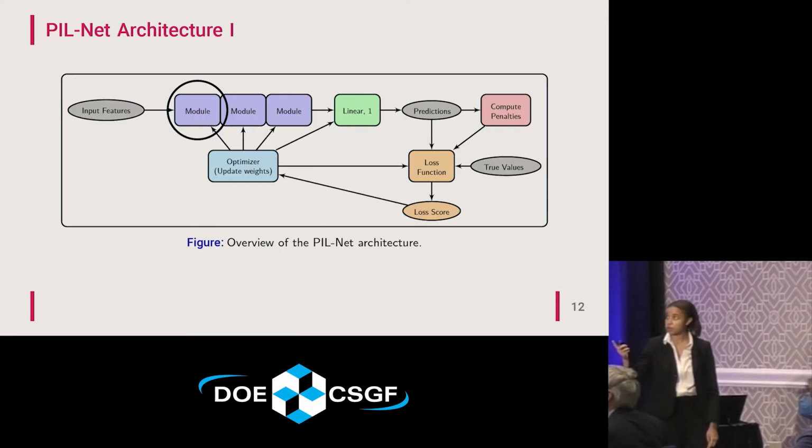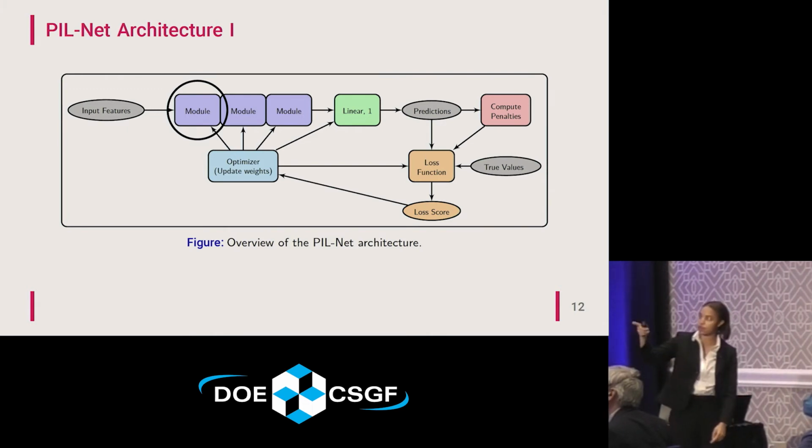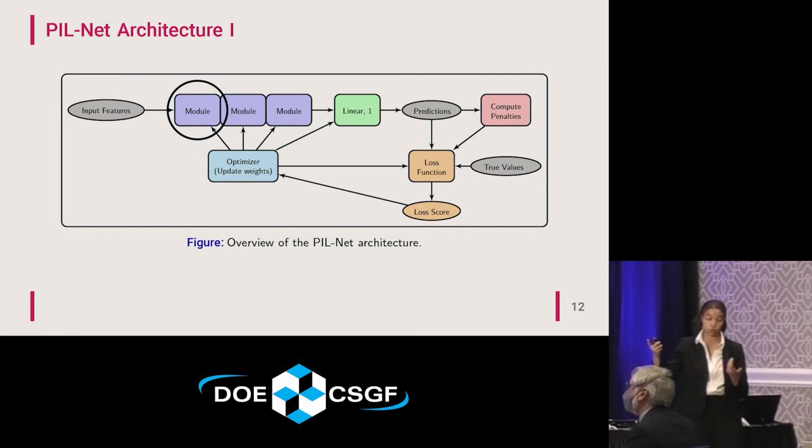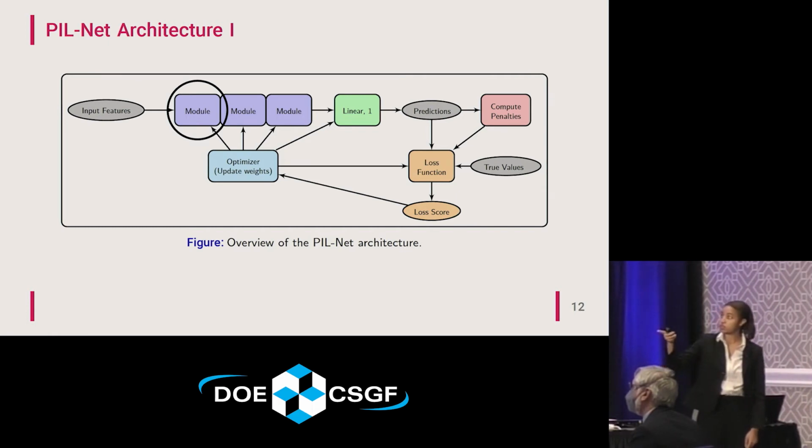So here's an overview of the PLNet architecture, and there's a circle around this module because on the next slide we're going to zoom into it and discuss it in further detail. The input features go through this module and get subsequently updated until you go to this green output layer that gives you the predictions. Like before, the predictions and the true values are inputs into this loss function.